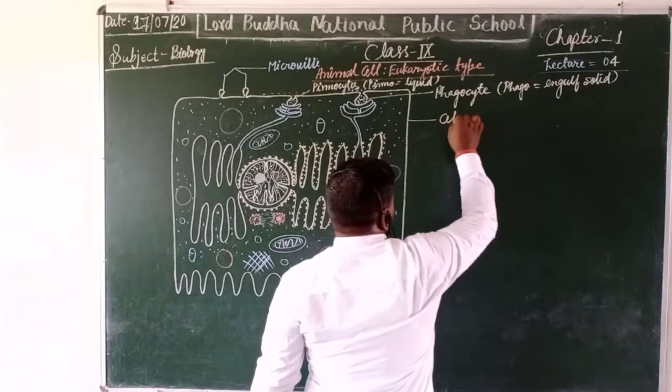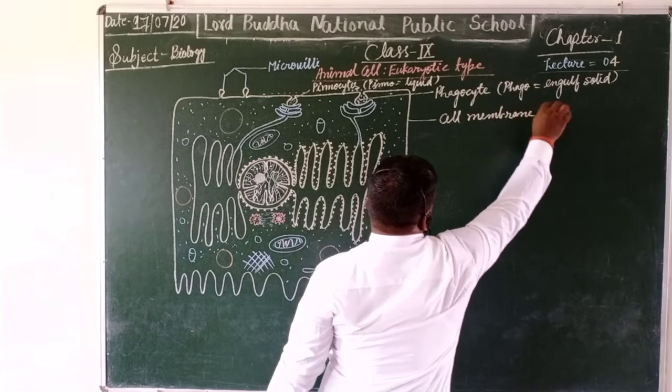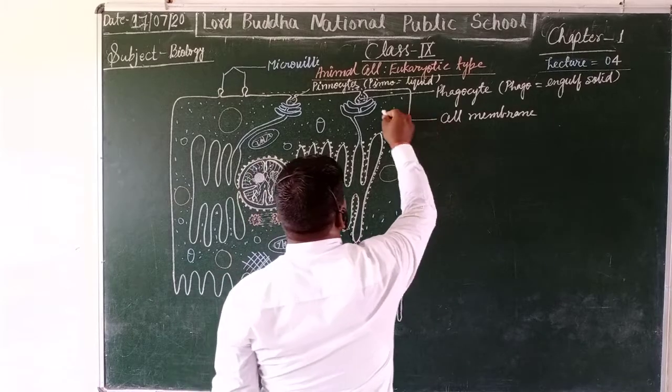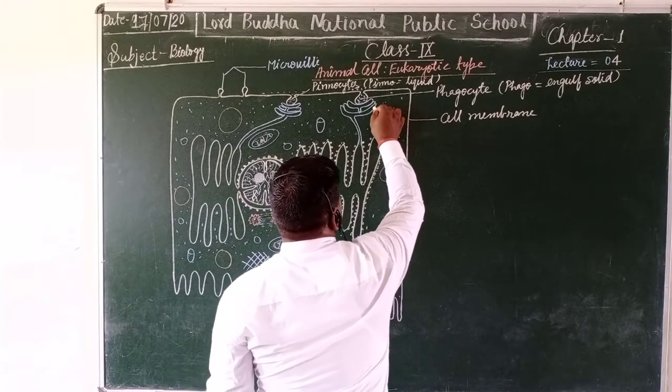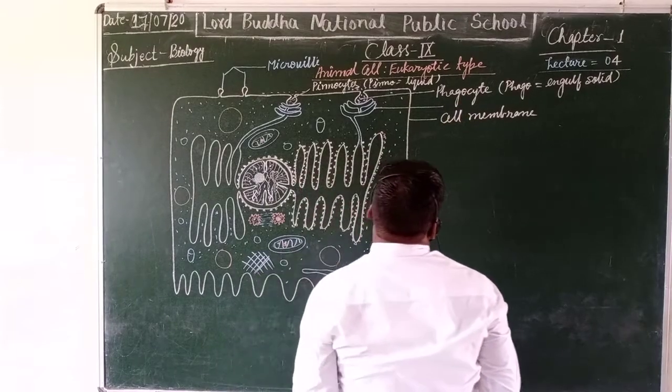Cell membrane, also known as plasma membrane, unit membrane, cytoplasmic membrane, and many more names. You will learn more about membranes ahead.